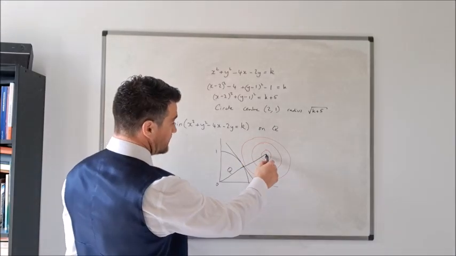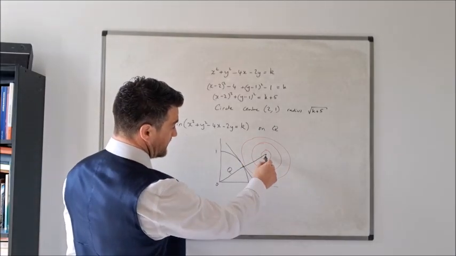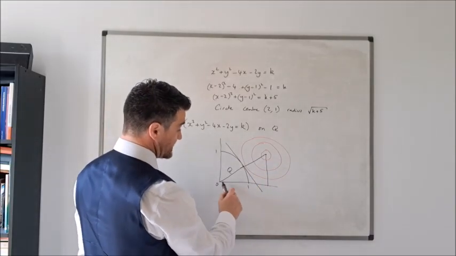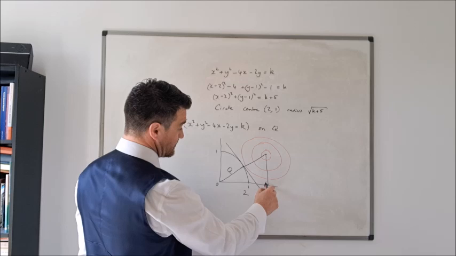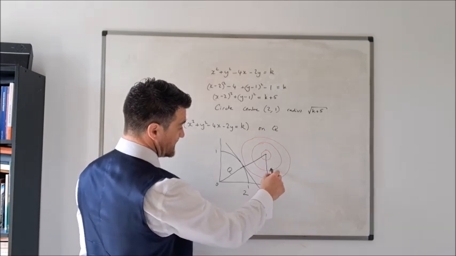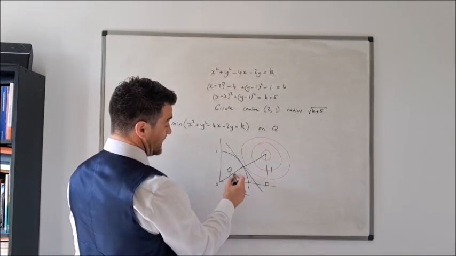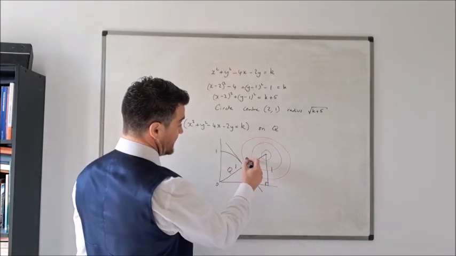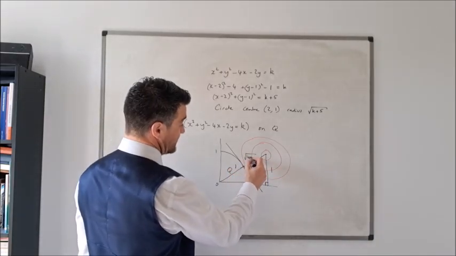I know that the center of this circle is at the point 2, 1. So I know that the length of this line here is the square root of 5. In this right angle triangle, I know that the radius of this is 1, and that the radius of this is the square root of k plus 5.